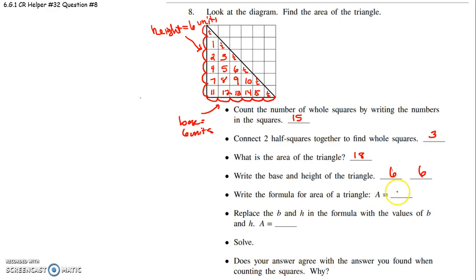Write the formula for the area of a triangle. Area of a triangle, you can either write it as 1/2 times base times height, or some teachers have you do base times height, all divided by 2.